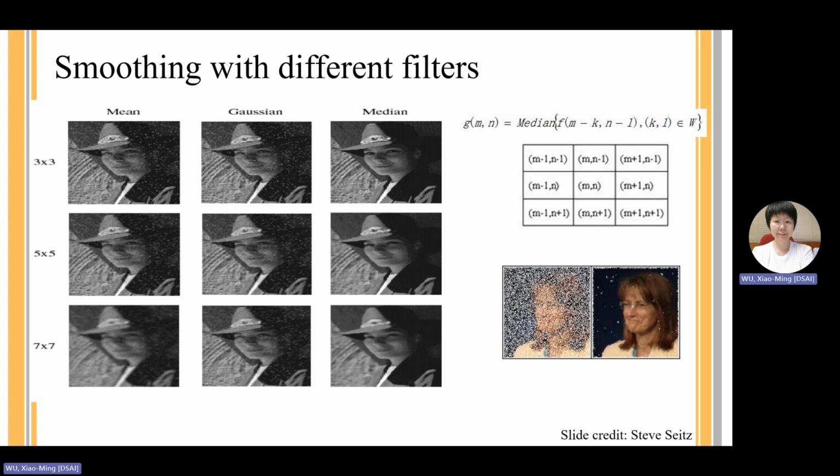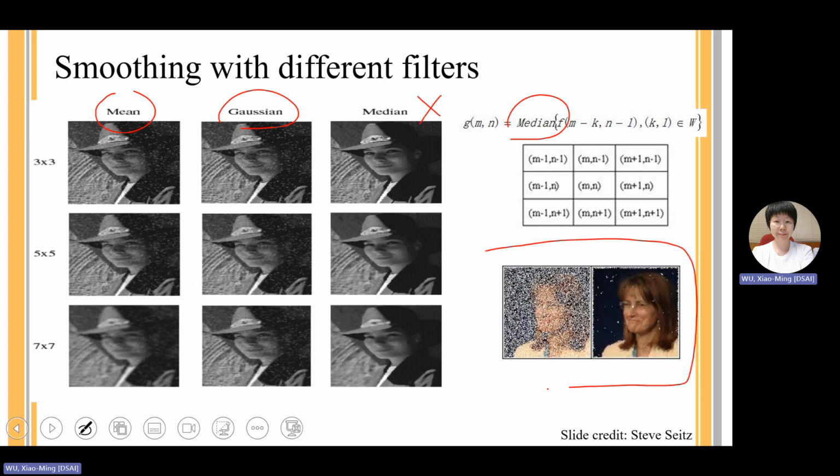Anyway, so the median filter, unlike the Gaussian and the mean filter, cannot be expressed in the form of a matrix, and it's not a linear filter. But the median filter works really well in some cases. For example, in the presence of pepper and salt noise, you can see this very noisy image.